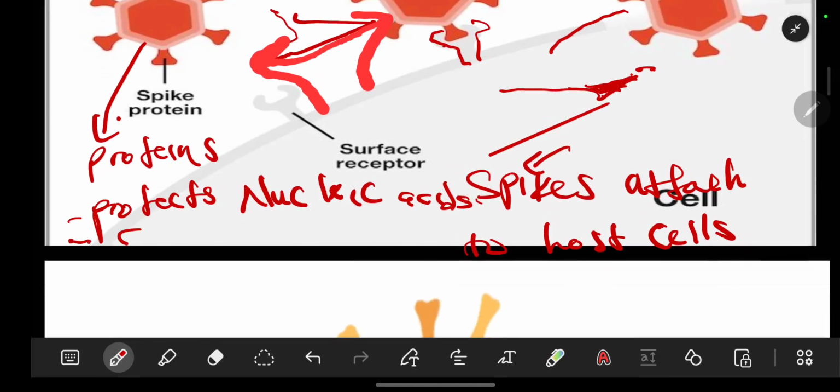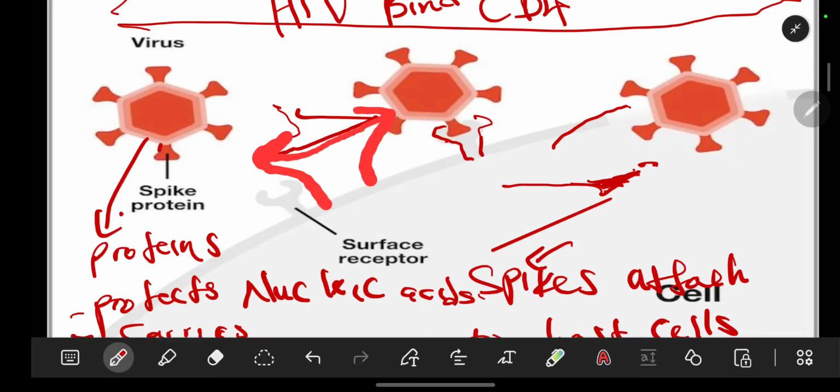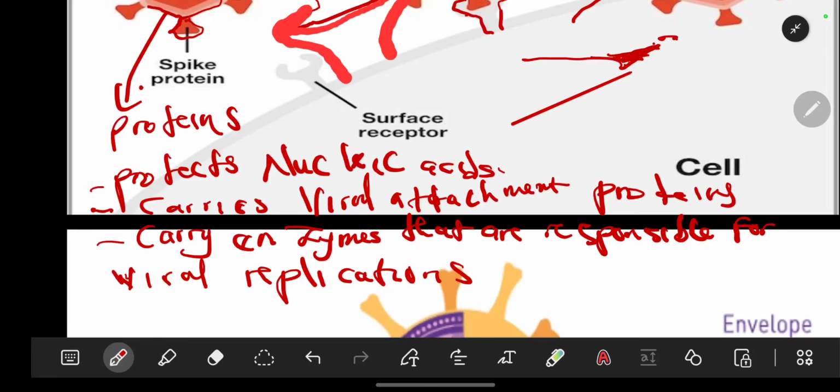It also carries viral attachment proteins. So it is carried by the capsid like that. So they protect nucleic acid, carry viral attachment proteins, and also carry enzymes that are responsible for viral replication.